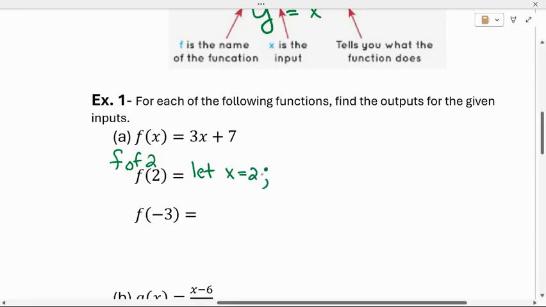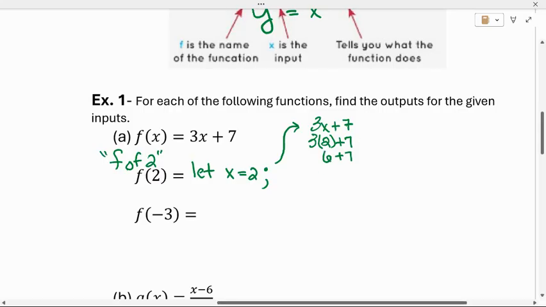It saves a little space on your paper. You don't have to write that. So we're going to take this function, 3x plus 7, and replace the x with a 2. So 3 times 2 plus 7, that's 6 plus 7.